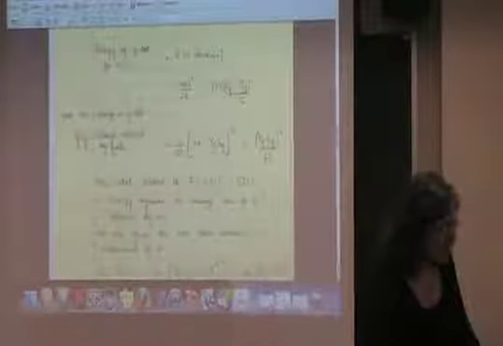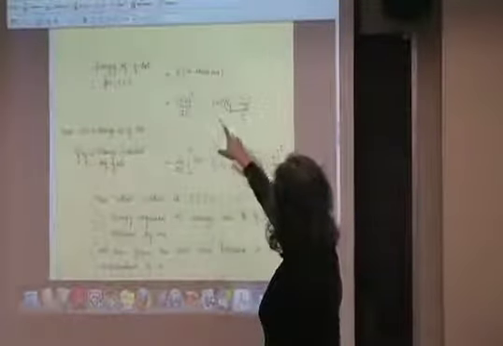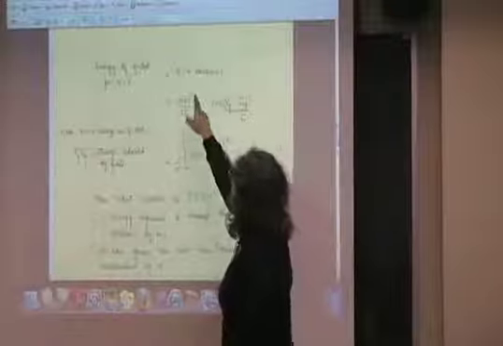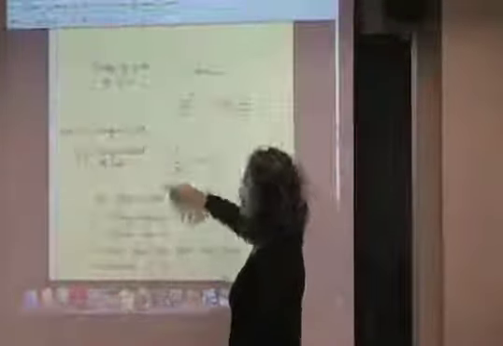I didn't quite do it this way last time, but I found this is a useful way to think about it. So the energy of the quantum dot basically is the total charge on the dot, Q squared over 2C.